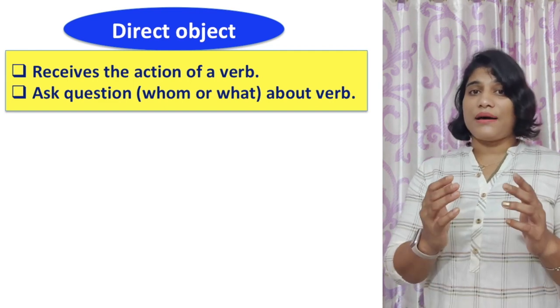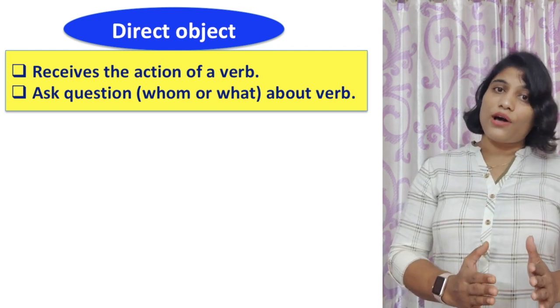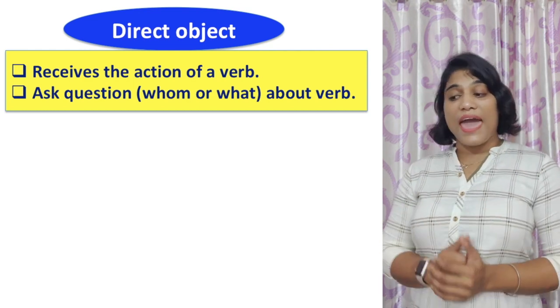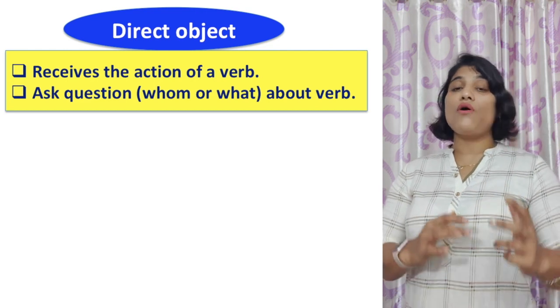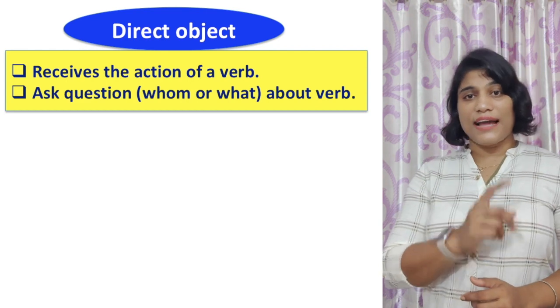So let me sum this up for you. A direct object receives the action of the verb, and if you ask the question who, whom or what, you get the direct object in that sentence.